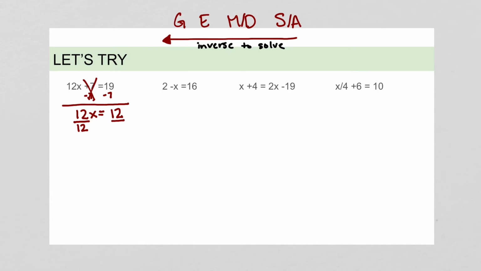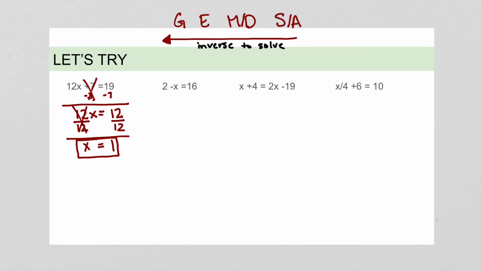What I do to one side, I have to do to the other side. Now 12 divided by 12 turns into 1, so I no longer have to write that. On the left side, I have x. My equal sign still lines up. 12 divided by 12, we just said, was 1, but there's no x over there as a placeholder, so I have to actually write 1. So we've determined by using our inverse operations in the backwards order of GEMS that x equals 1.